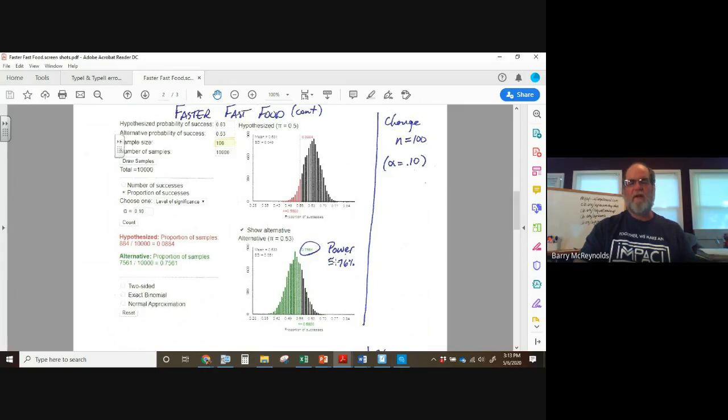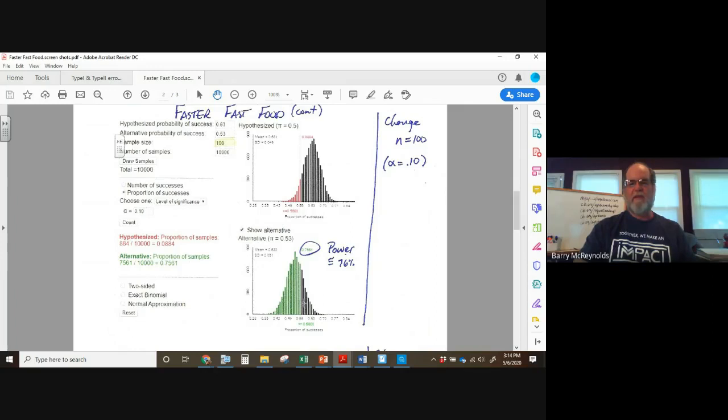I just want you to get the qualitative notion here of what's going on. When sample size goes down, our ability to detect a difference between the null hypothesis and the alternate is reduced, and we're going to commit type 2 error more frequently.